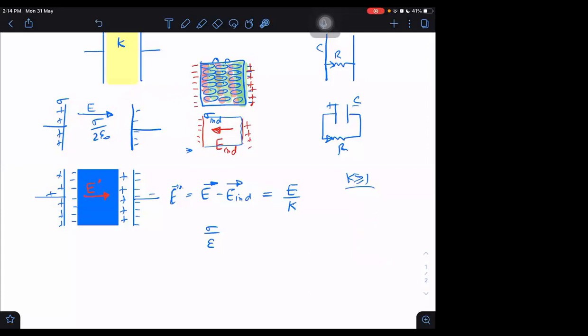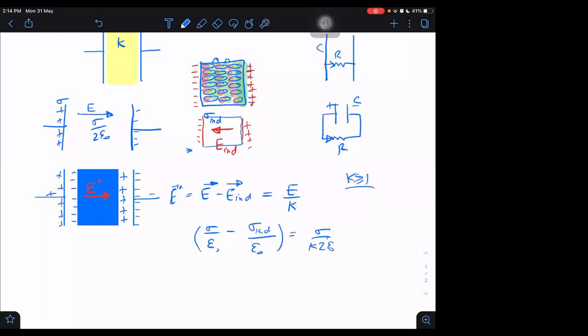Sigma upon epsilon naught minus sigma induced divided by epsilon naught. Sir, should it be sigma by 2 epsilon? No, the total electric field inside the plates is always sigma by epsilon naught. Why should it be sigma by 2?